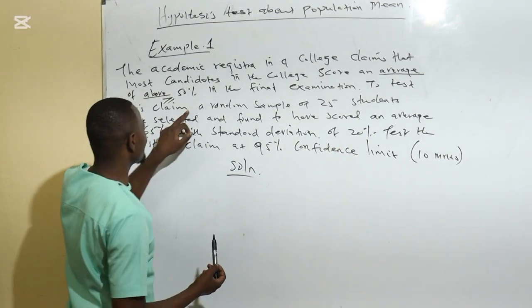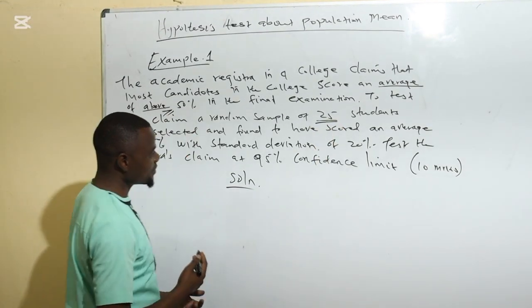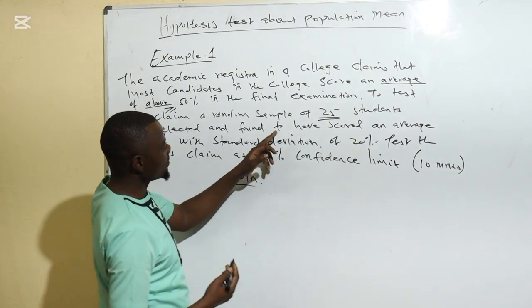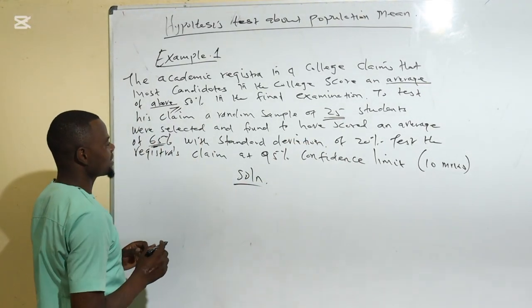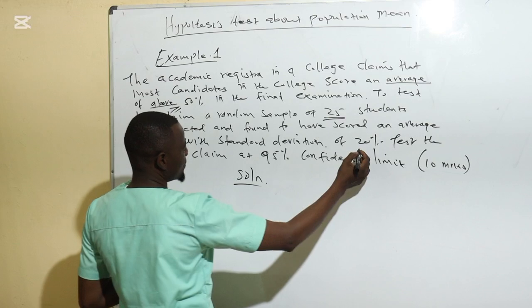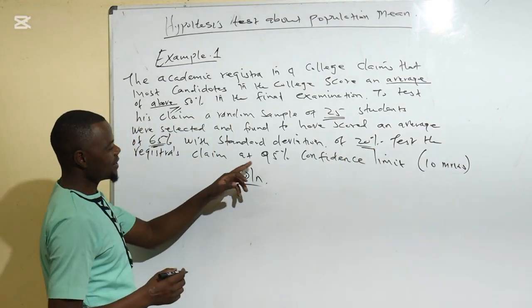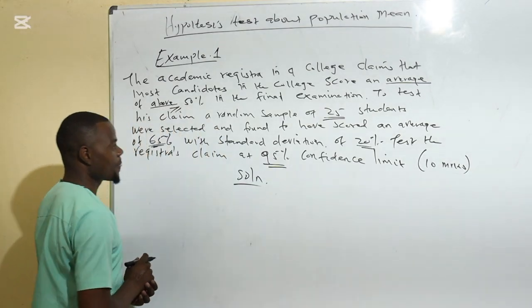To test his claim, a random sample of 25 students was selected and found to have scored an average of 65% with a standard deviation of 20. Test the registrar's claim at 95% confidence level.